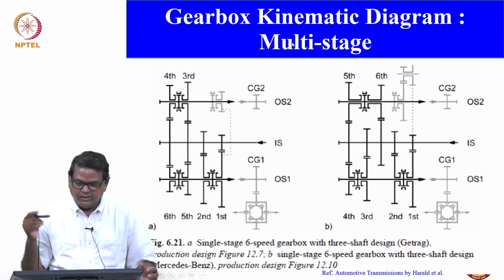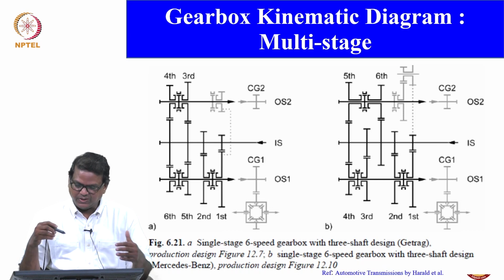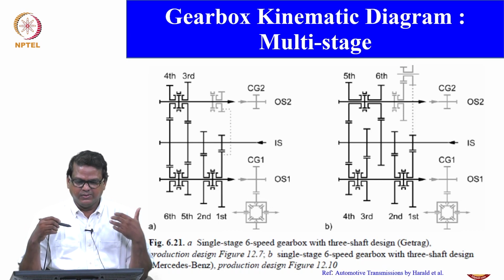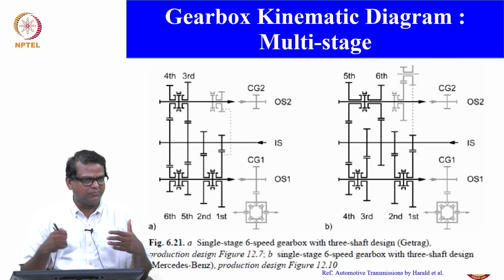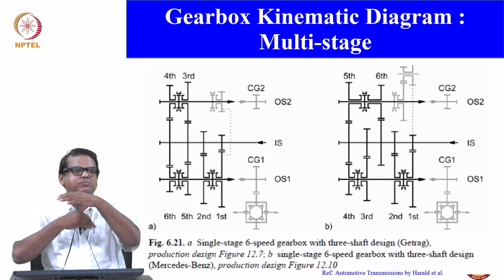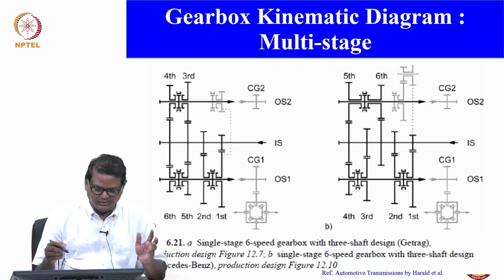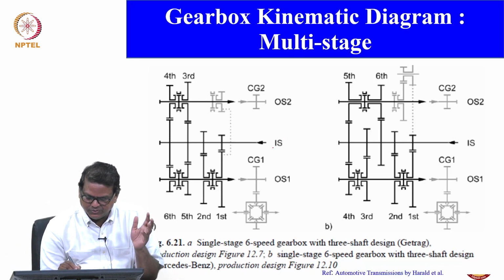Yeah, and again we have another combination. This is called multi-stage. Multi-stage is usually used where your center distance is even smaller. Interestingly, look here. This is your input shaft. IS means input shaft.